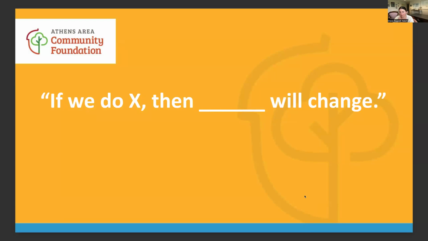It's important for garnering support for your work, for sustaining support for your work. And so I think that getting a clear theory of change in a really succinct if-then statement can help you clarify assumptions and guide program implementation and all of your evaluation efforts.